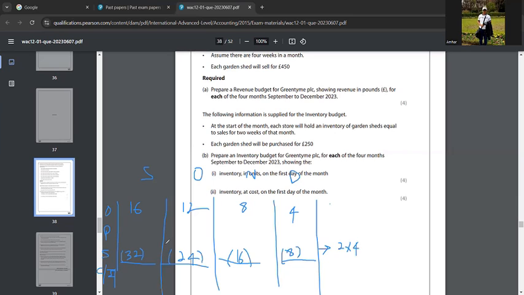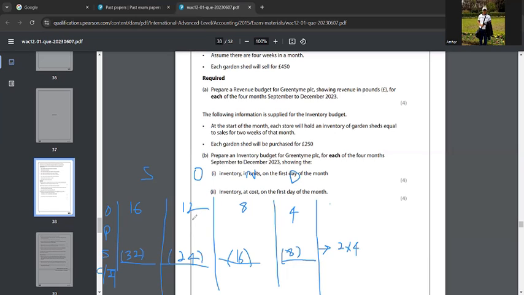So now closing inventory, what you have to do is, can you remember, earlier we used to remember like this. September's closing inventory will be October's opening inventory. October's closing inventory will be November's opening inventory. November's closing inventory will be December's opening inventory. Can you remember that? Yeah, I remember that.